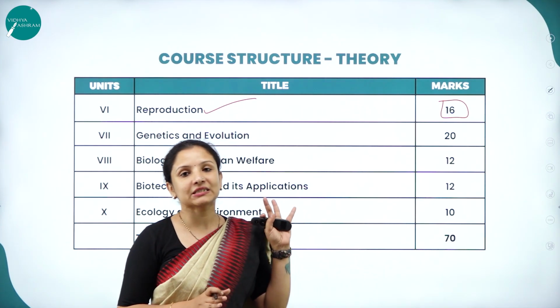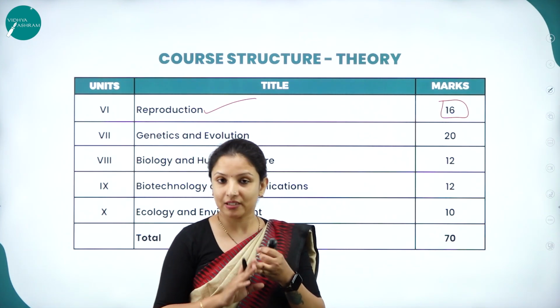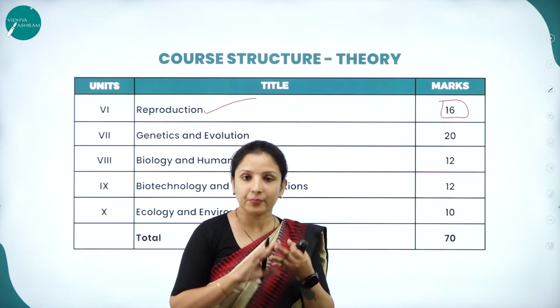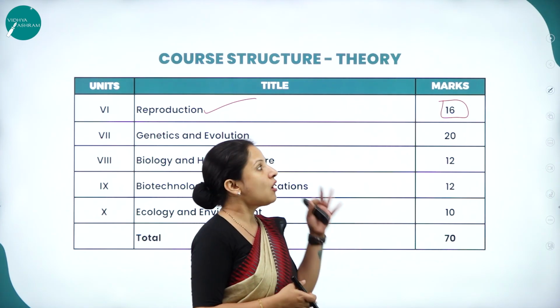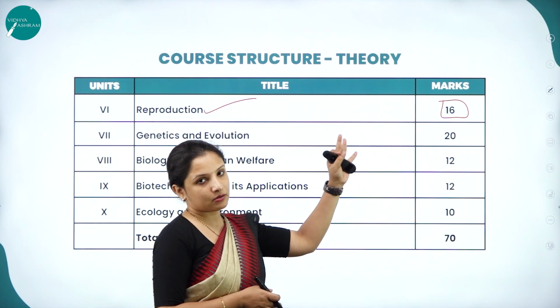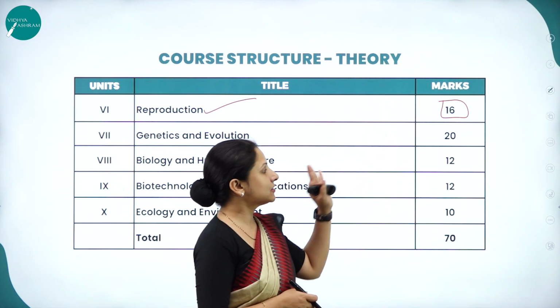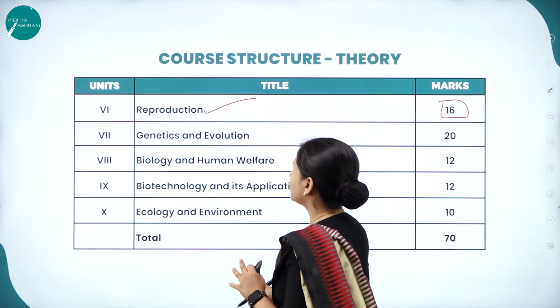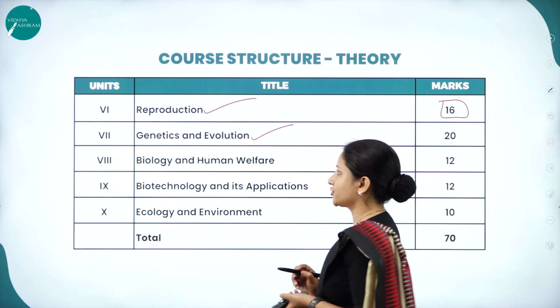A total of 16 marks of questions, be it assertion reasoning, multiple choice questions, competency based questions or direct questions, analysis kind of questions, all that will come, which in total weightage for unit 6, that is reproduction, is 16.